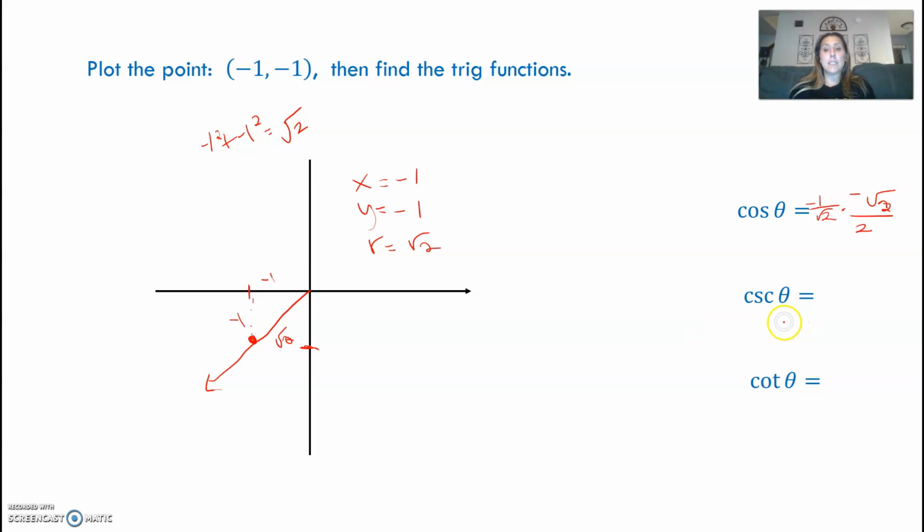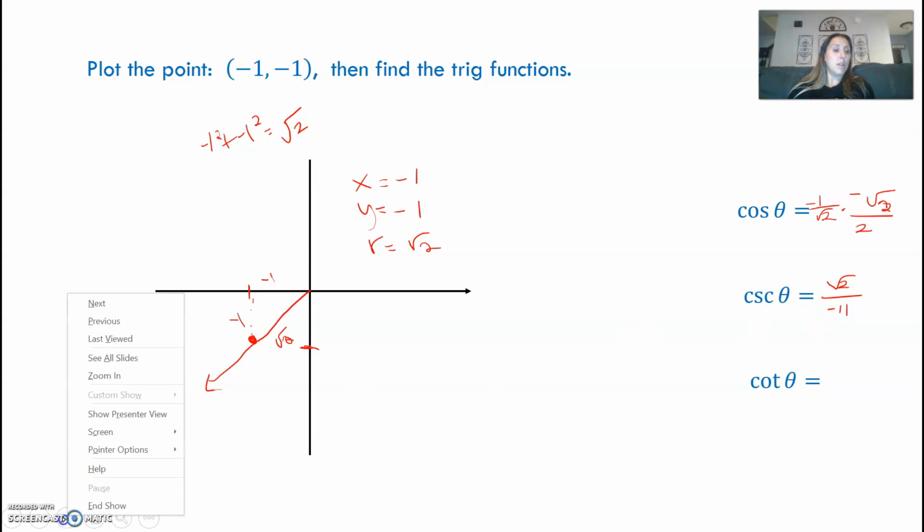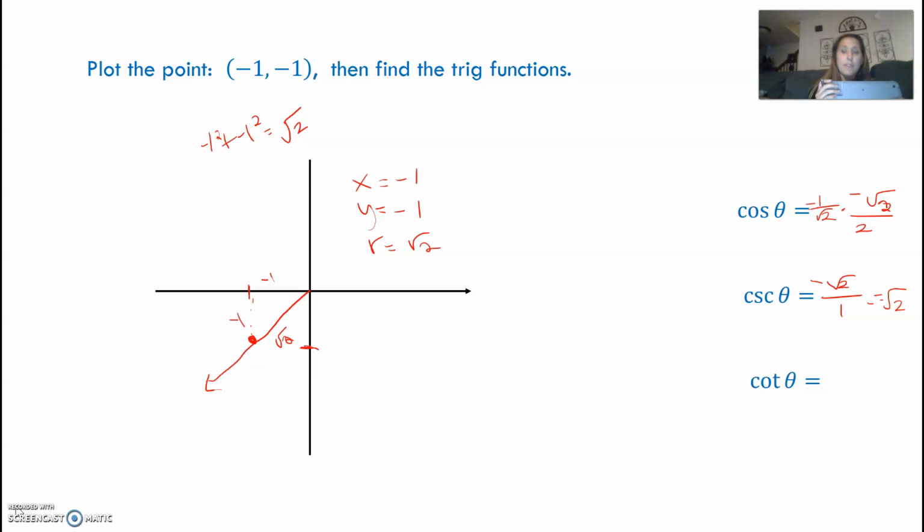So the cosecant, which is going to be the reciprocal of sine, is the square root of 2, which is the hypotenuse, over the opposite side, which is negative, whoops, not -11. It's going to be -1. So we would have negative square root 2 over 1, which is just equal to negative square root 2.